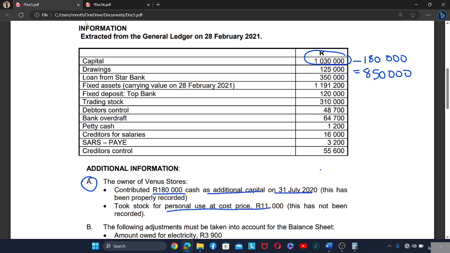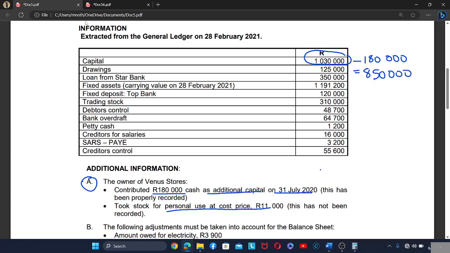Now, what you need to know is this. When the owner takes the trading stock for personal use, the owner takes it at the cost price.